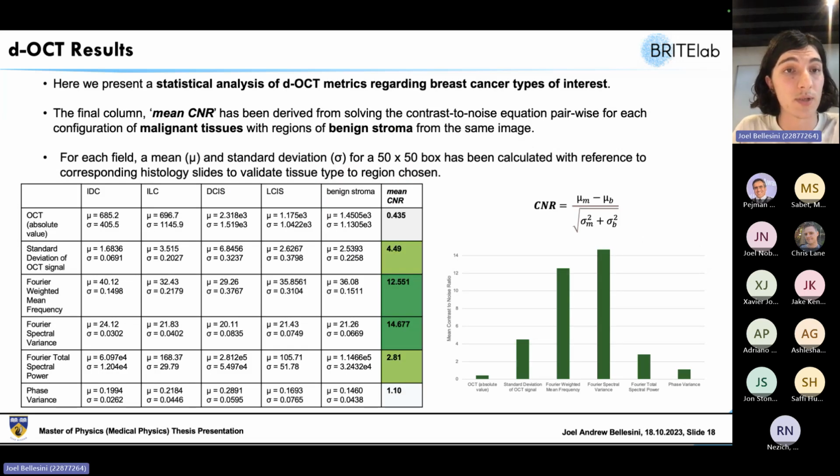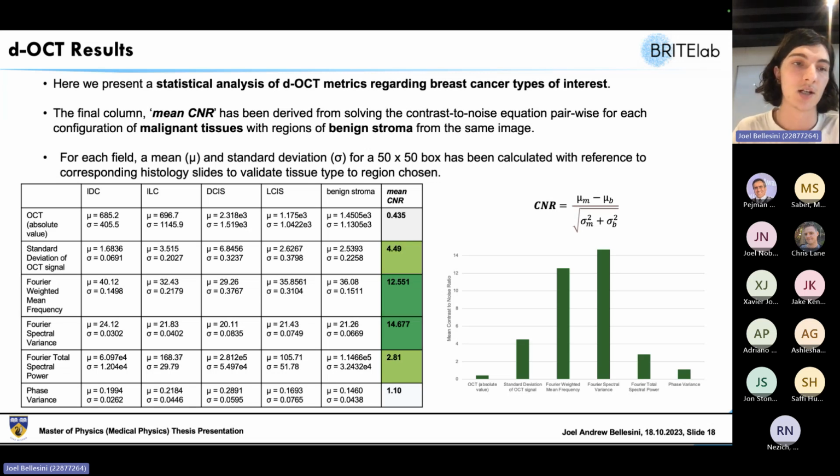Okay, final result, we also present a statistical analysis of dynamic OCT metrics regarding breast cancer types of interest, in which a mean contrast to noise ratio has been derived for each of our different processing methodologies. This contrast to noise ratio has been taken from benign and malignant tissues.